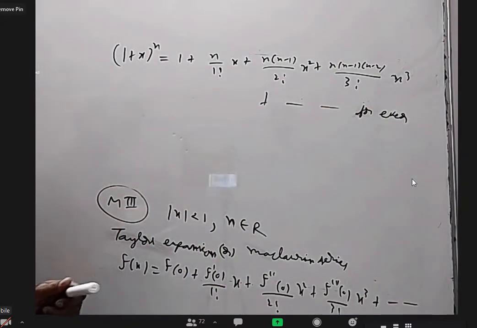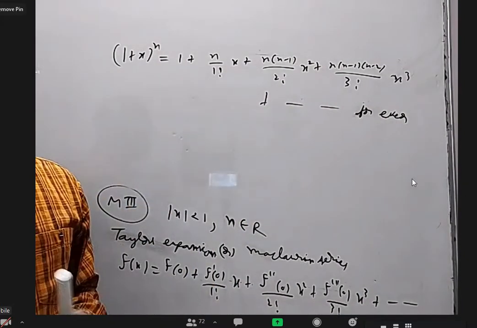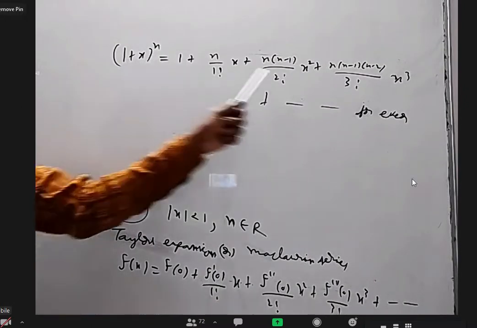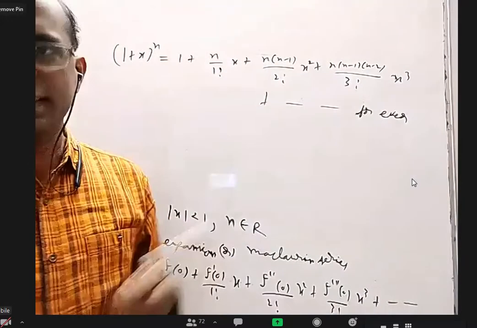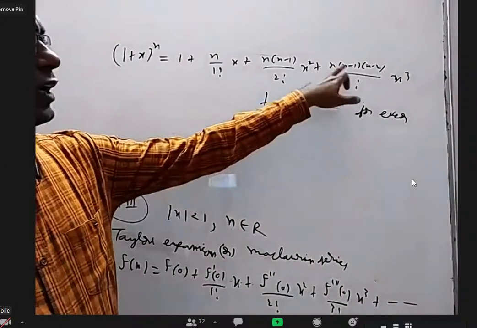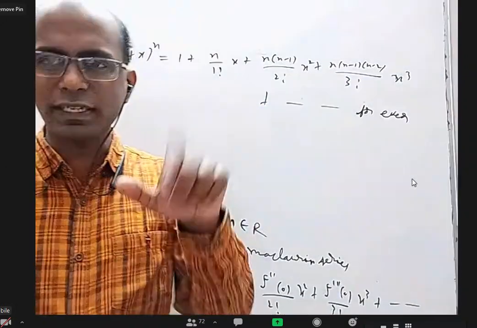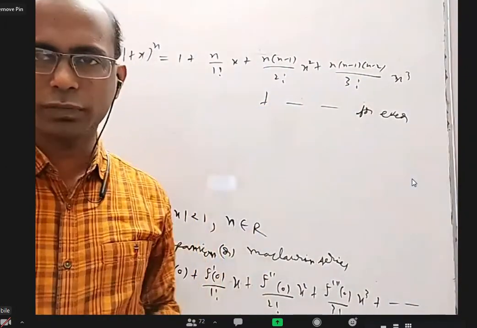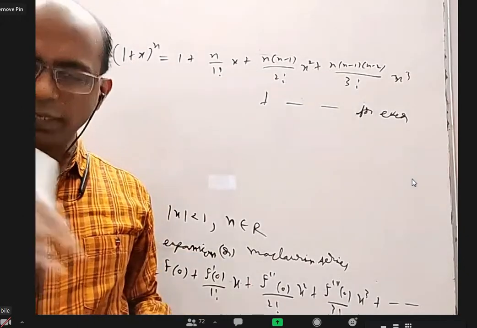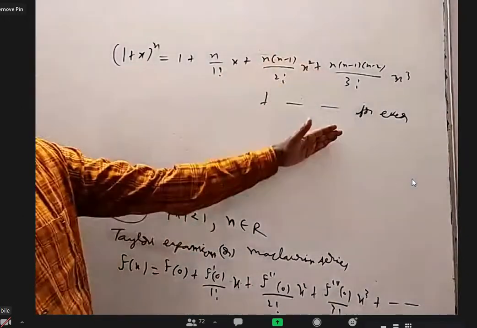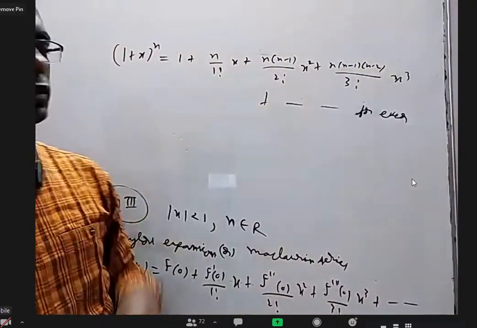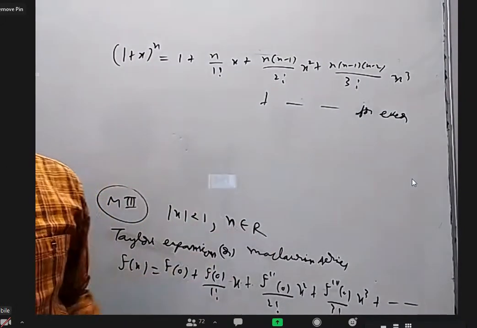Our regular binomial theorem is also covered in this. You know why? When n is an integer, after some time, let's say n is 10, when you write n into n minus 1 into n minus 2, and so on up to n minus 10 by 10 factorial, it will become 0. And from then onwards, everything will be 0. So in this infinite series where all the rest of the coefficients are 0, you get your regular binomial theorem also, nothing wrong.